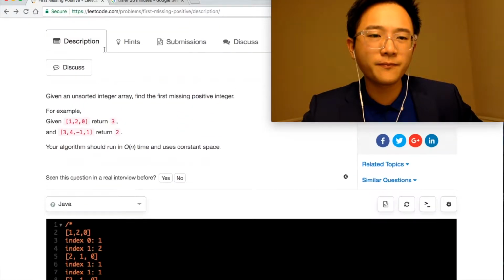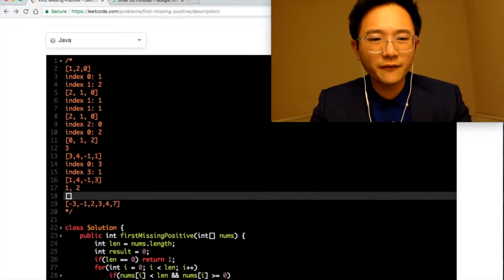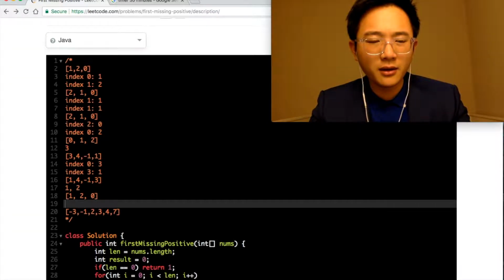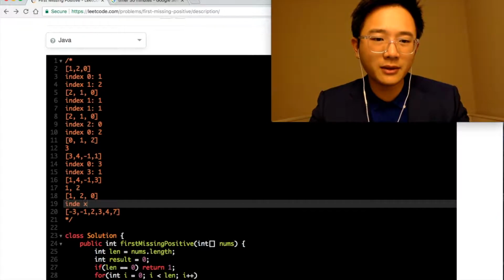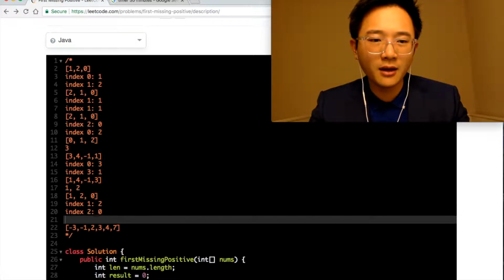If I don't swap 1 and 2, say for 1, 2, I'm sorry. So if we have 1, 2, 0, and I don't even swap the first element and the second because index is 0, this is not what we want, and the index will start from index 1. So index 1 is 2, and index 2 is 0. So if we swap them, it becomes 1, 0, 2.